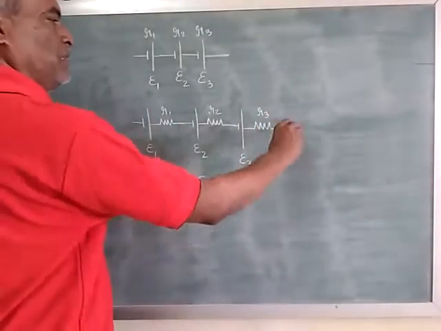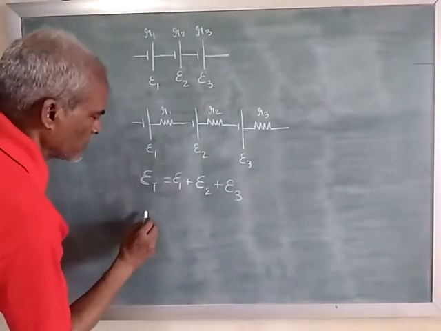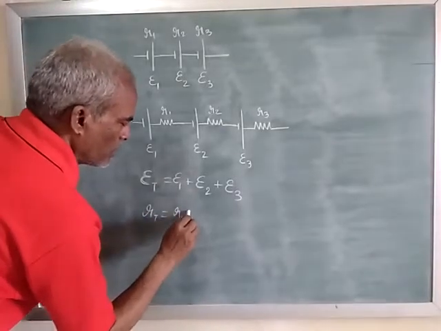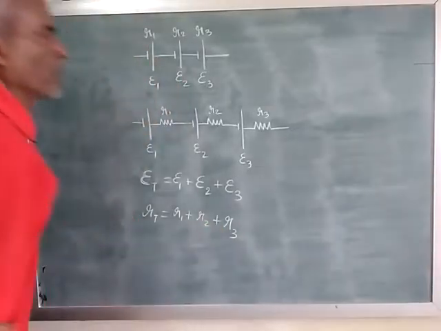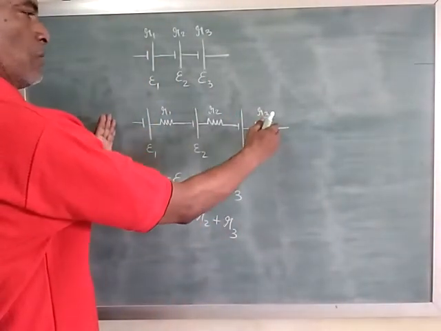Now these three resistors are connected in series. So total resistance RT is equal to R1 plus R2 plus R3. That means this diagram is equivalent to this one.